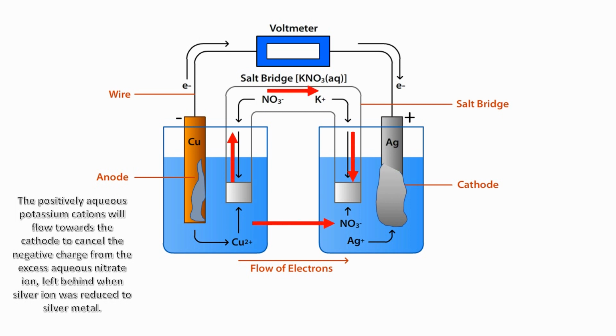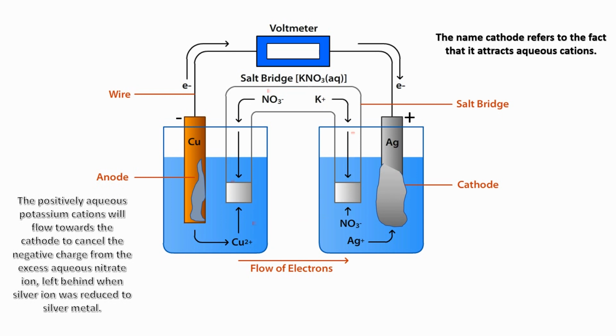The positively charged aqueous potassium cations will now flow towards the cathode to cancel the negative charge from the excess nitrate ion, which was left behind when silver ion was reduced to silver metal. The name cathode refers to the fact that that electrode will attract aqueous cations.